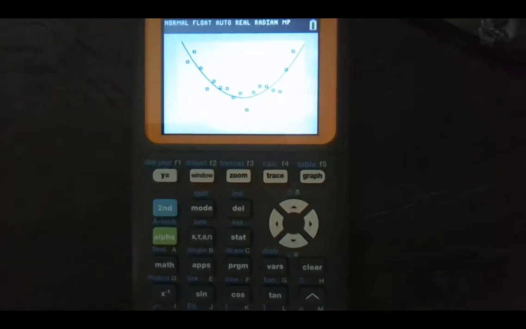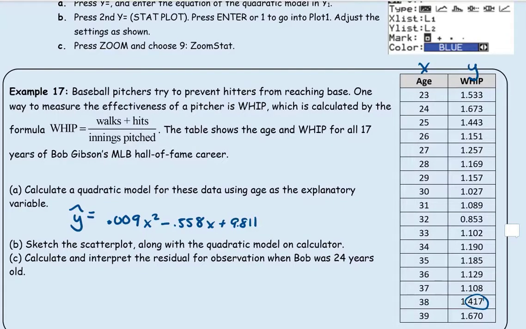Great. So now that we graphed our regression model, our quadratic model, we are going to go back to our other one, and we are going to calculate and interpret the residual observation when Bob was 24 years old. So when Bob was 24 years old, his actual Y was 1.673. So we are going to take our quadratic model.